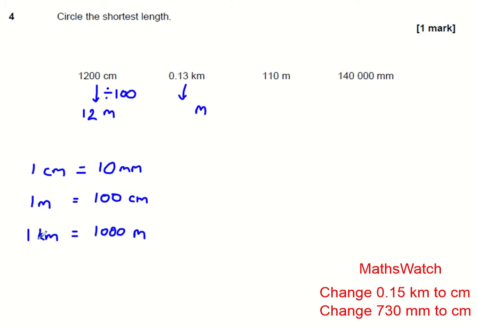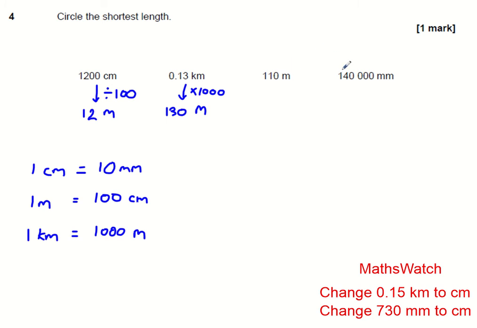So if we're going from the unit of kilometres to the unit of metres, we're going from the number 1 to the number 1,000, which means we are multiplying by 1000. 0.13 multiplied by 1000 is 130. So 0.13 kilometres is the same as 130 metres. We don't need to do anything to the third number because that's already in metres, that's 110 metres.